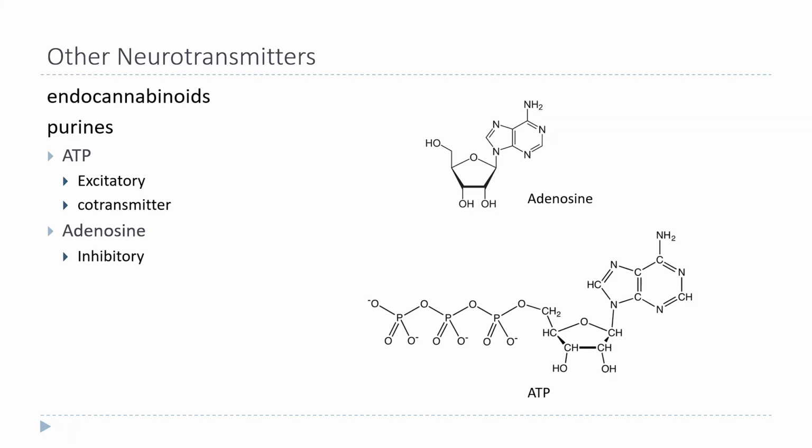So it binds to a different set of receptors, and those receptors are inhibitory. One interesting thing to note is that the adenosine receptor is antagonized by caffeine. Caffeine is, of course, found in things like coffee and soda, and it works by blocking the adenosine receptor.